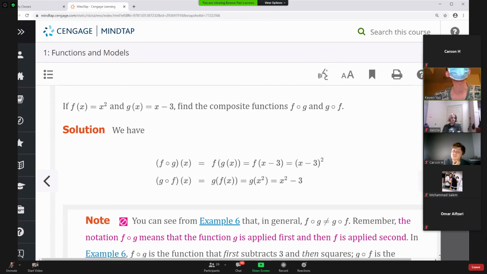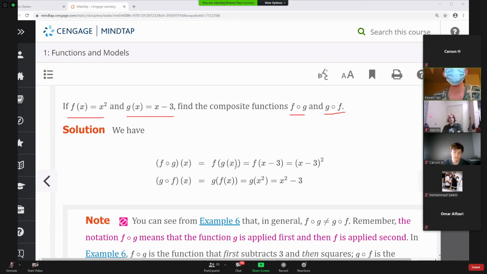Let's look at this example. F of X is X squared, G of X is X minus 3. How to compose it? F composed with G, and G composed with F. They're not the same, right? So what does that mean?